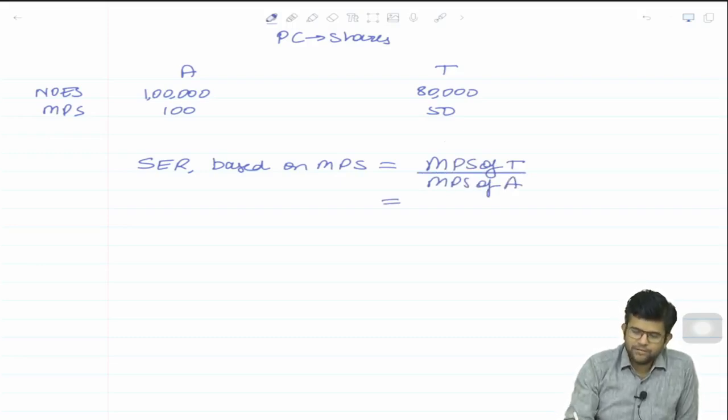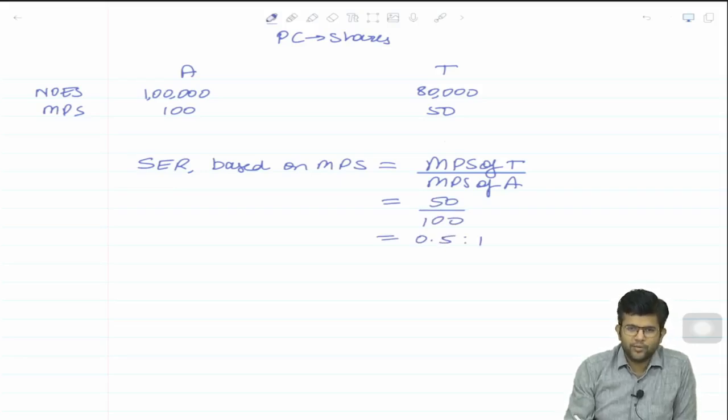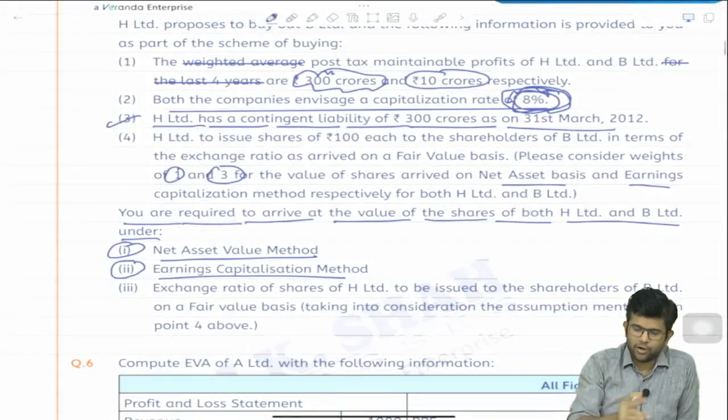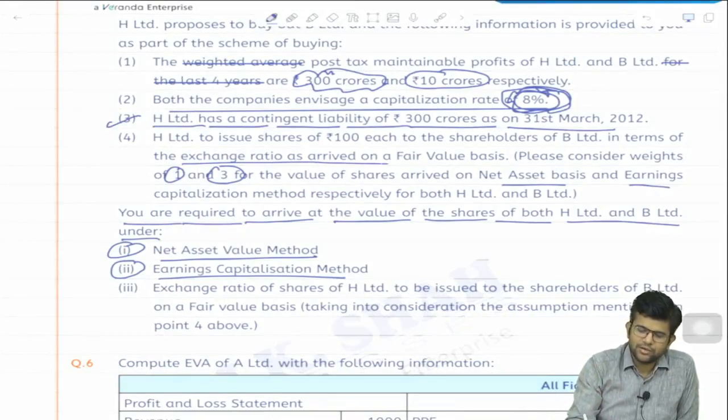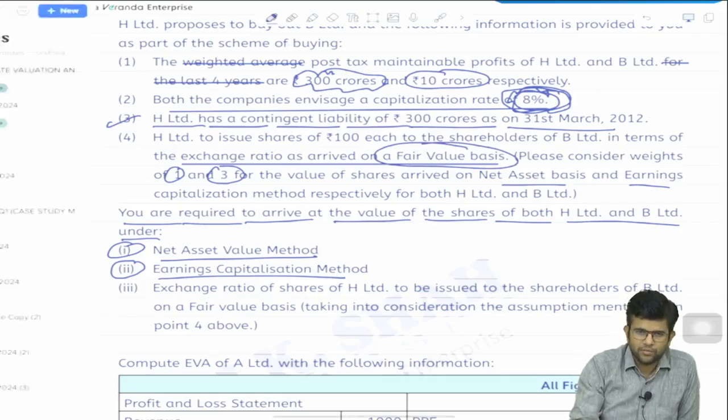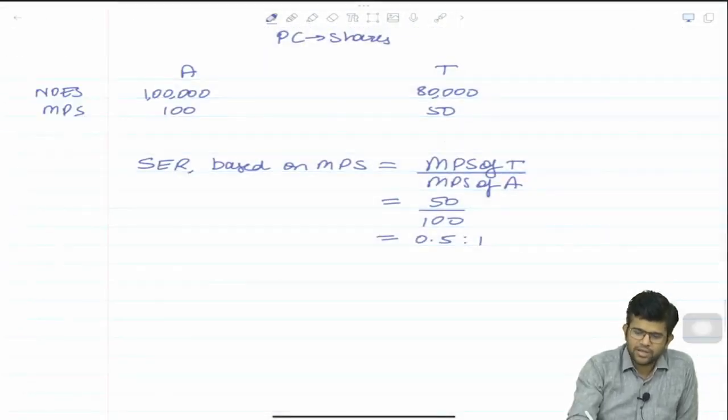Now, MPS of target is 50, MPS of acquiring is 100. Can I say the share exchange ratio will be 0.5:1? Understood till here? Now, exactly in this question of corporate valuation, they are saying that the exchange ratio is to be based not on market price but on the basis of fair value, which means how will the formula change?